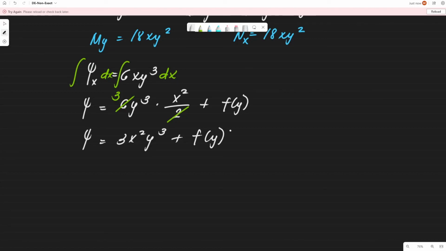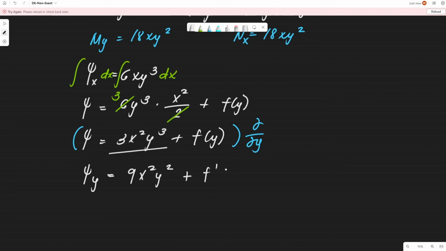So getting the partial derivative in respect to y, hindi pa tayo pwede mag-equate. Partial derivative muna. So we'll have psi y is equal to 9x squared y squared, that is the partial derivative of this function in respect to y. Then we have f prime of y. So we can equate this with our N. What is our N again?